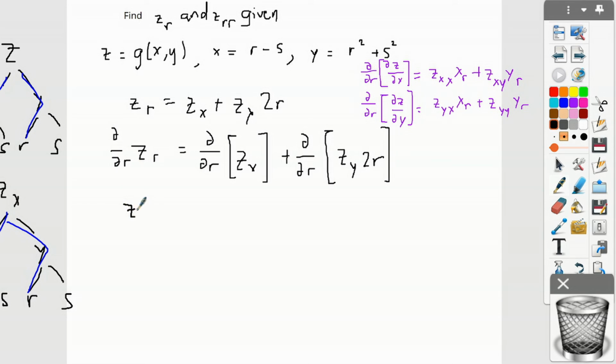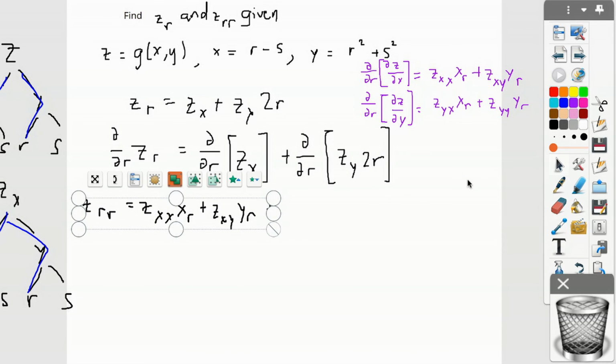So you get z sub rr is equal to the derivative, z sub xx, x sub r, plus z sub xy, y sub r, plus, and we need to move this a little bit because this is a product rule situation. Z sub y is a function of x and y, each could be a function of r.